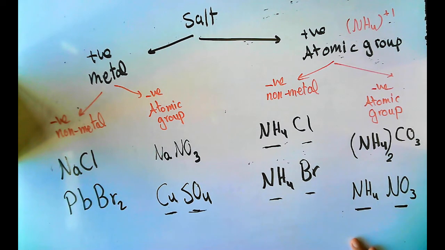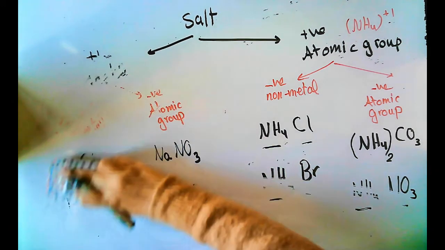Properties of salts. Salts are different. They are not like each other. They are variant. Variant means different.